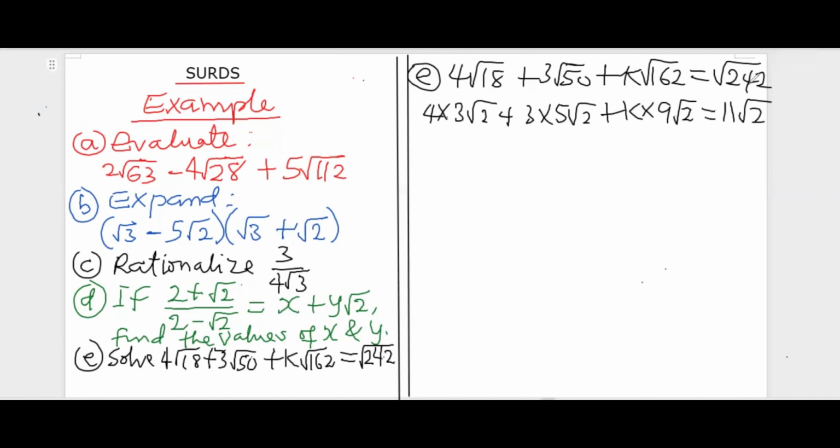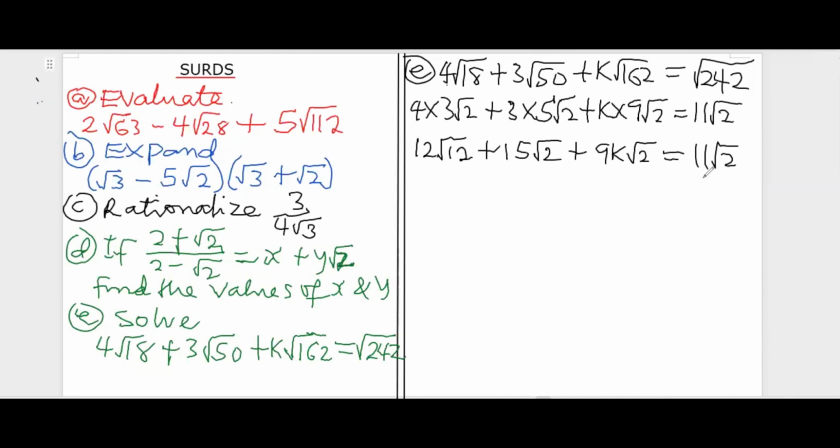So let's resimplify this. We have 4 times 3 is 12 root 2 plus 15 root 2 plus 9k root 2 equals 11 root 2. From here, let us rearrange terms.